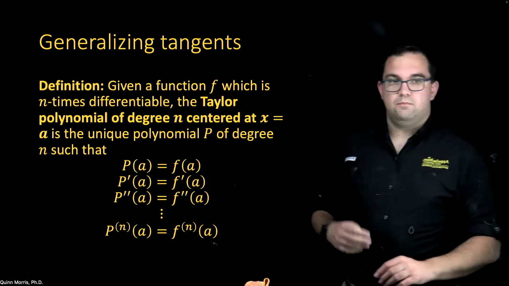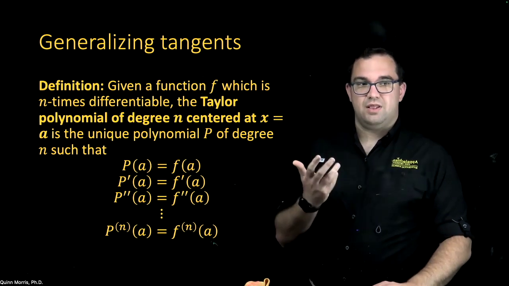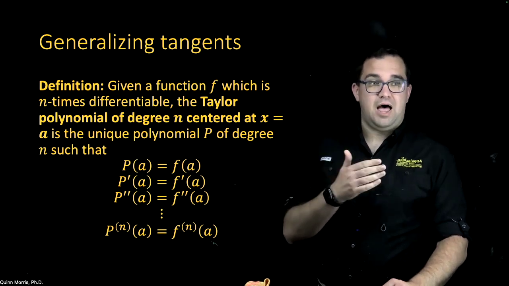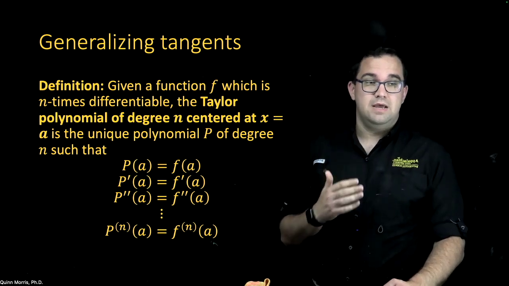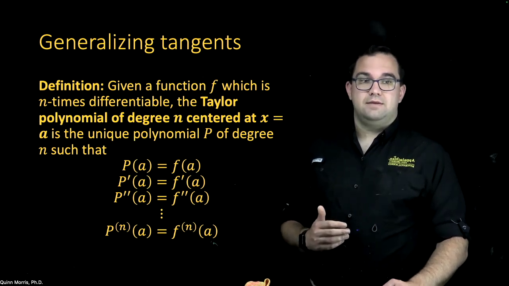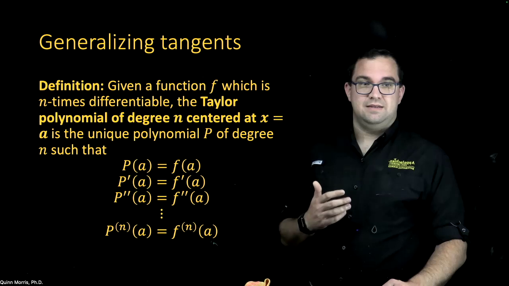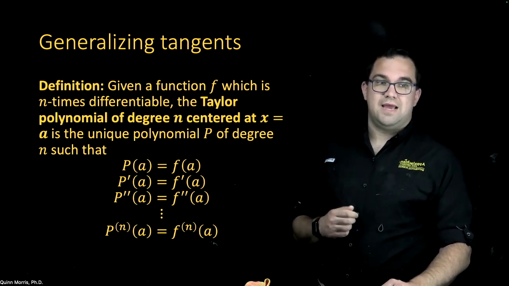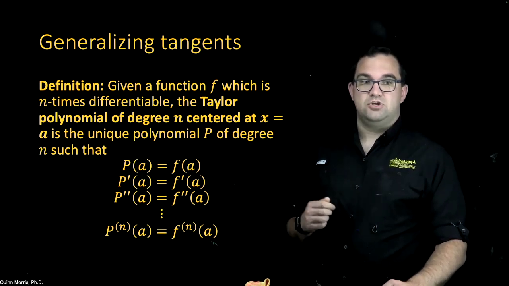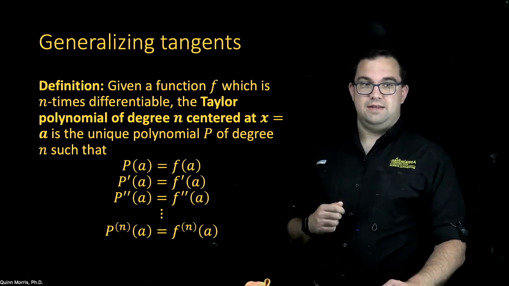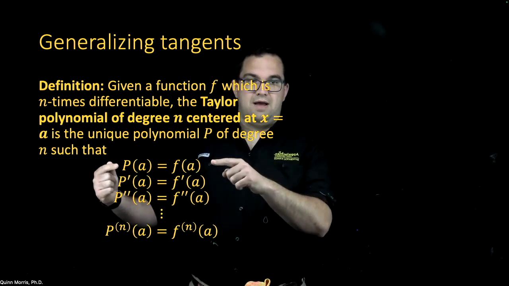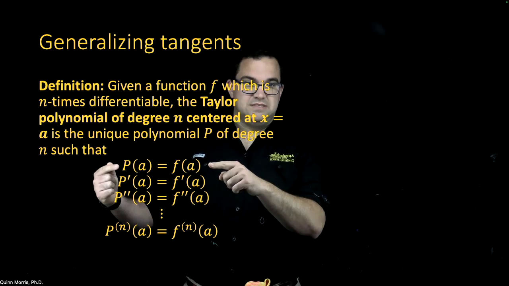So what I first want to do is generalize this notion of a tangent line to something that we're going to call a polynomial. A line, a linear function, is a type of polynomial. It's a special type of polynomial that's just degree 1. I want to define, given a function f which is n times differentiable, the Taylor polynomial of degree n centered at x equals a as the unique polynomial p of degree n such that my polynomial and my function have the same value at x equals a.